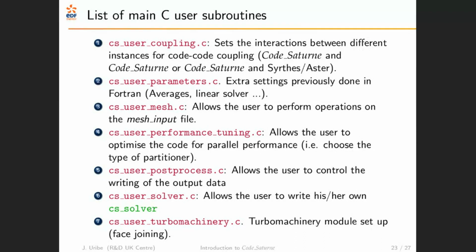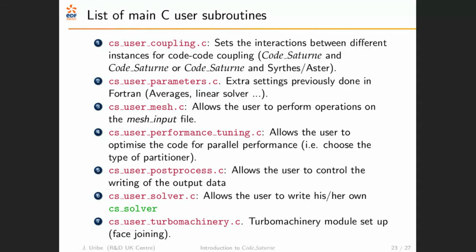There's a lot of things that you can do to the mesh in cs_user_mesh. So you can use Saturne to extrude the mesh. You can use Saturne to refine the mesh. You can create, like, a boundary layer refinement, for example. You can scale the mesh, so that if your mesh is in millimeters you can change it to meters, for example. You can do that directly in Saturne. You can join different meshes. So there's a lot of options there.